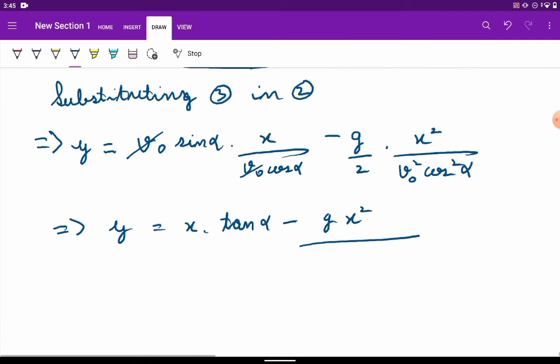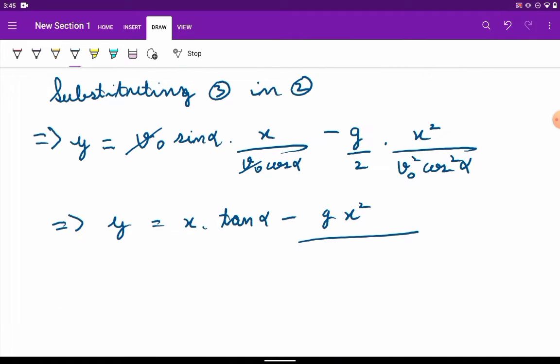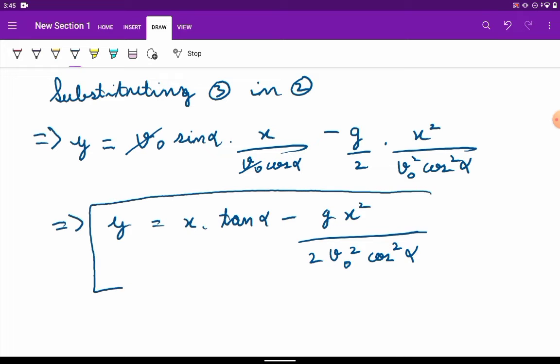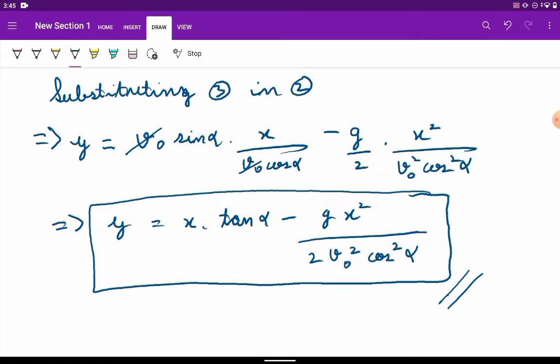Sorry, I was just checking if the calculations were correct. So this is your projectile equation, y in terms of x. So basically this is also done.